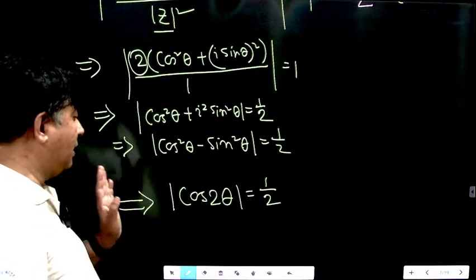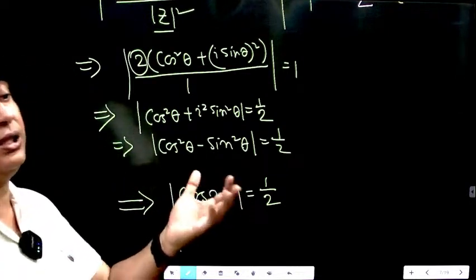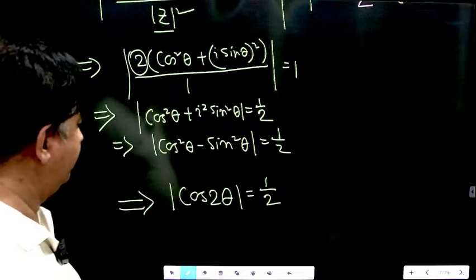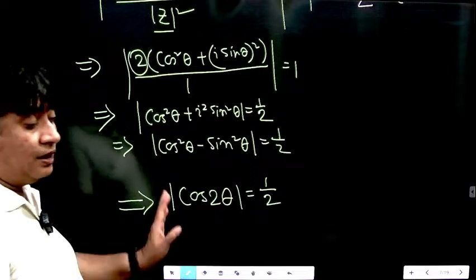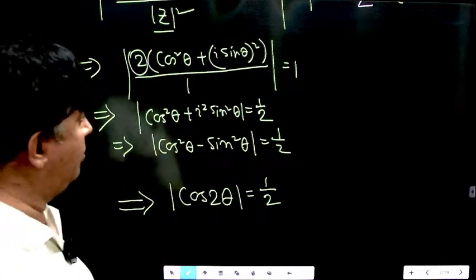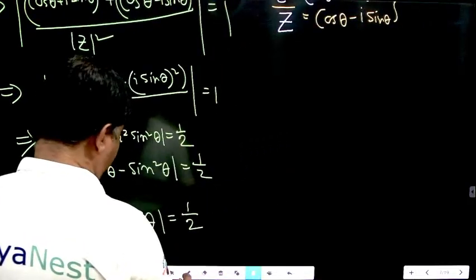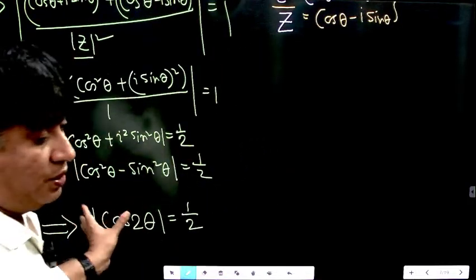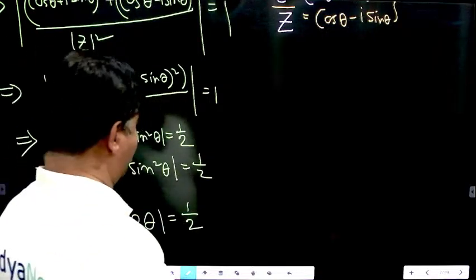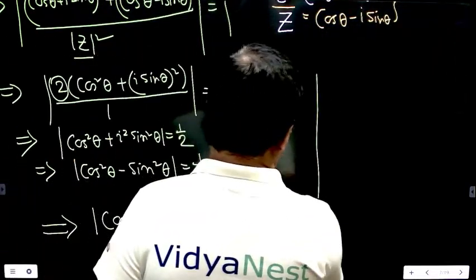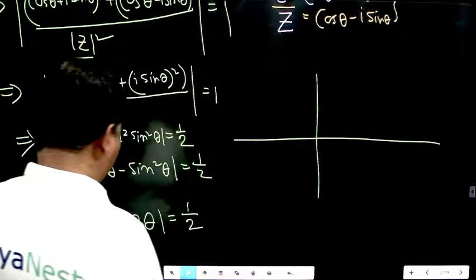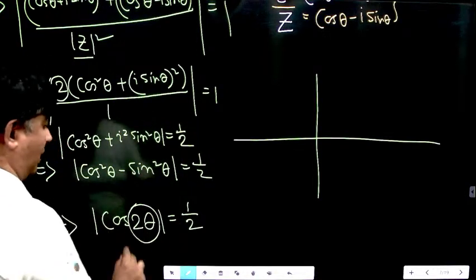Now, here, how many solutions can you get? Let us get the solution by graph. You observe mod cos 2 theta. First, I will draw cos 2 theta's graph. Mind it, the angle is not theta but 2 theta.